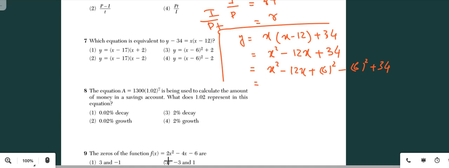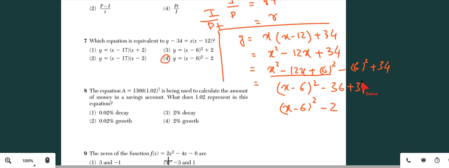This gives x minus 6 whole squared and negative 36 plus 34. So the answer becomes x minus 6 whole squared minus 2. So option number 4 is the correct one, because minus 36 plus 34 is minus 2.